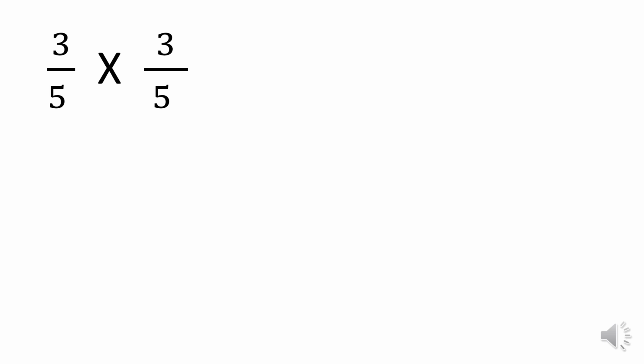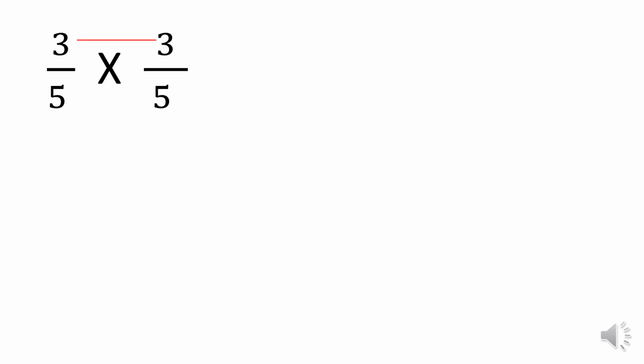3/5 multiplied by 3/5. Now before I multiply, I'm going to look to see if there is any number I can reduce. Could 3 go into 5? Nope. Same numbers here. So I have no number to reduce before multiplying. So I'm going to go straight away and multiply my numerators.